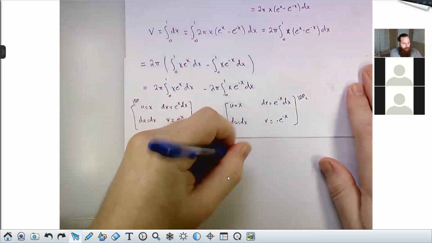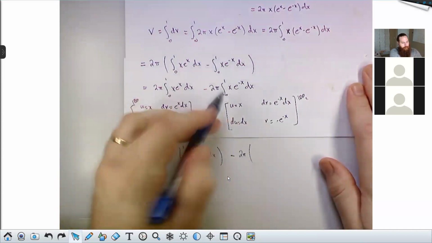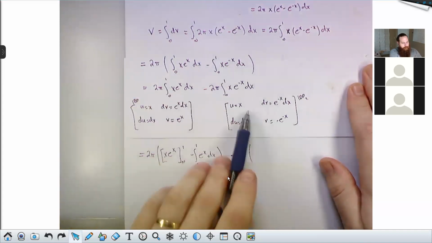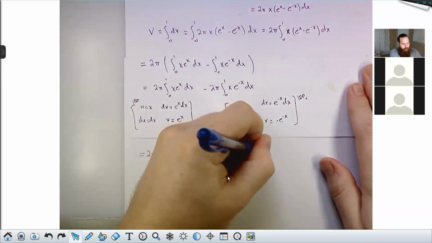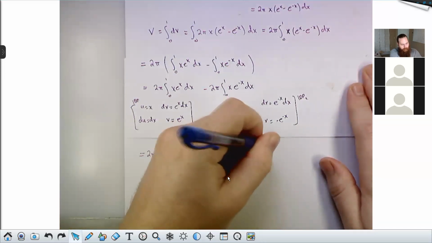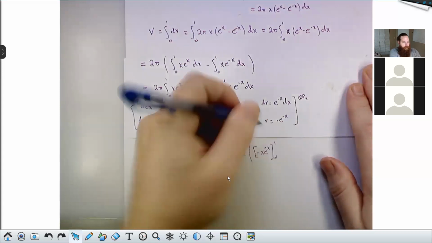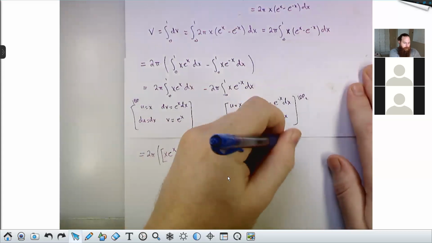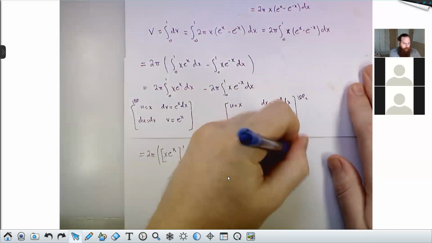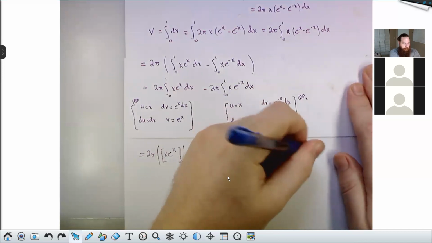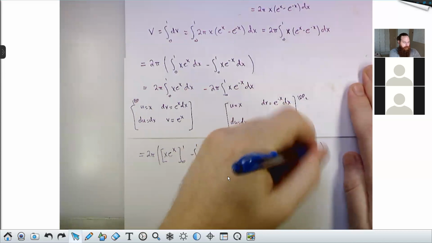And then minus 2 pi times, now I replace this guy by his IVP equivalent, which is negative x e to the negative x, sorry, evaluated from 0 to 1 minus the integral from 0 to 1 of negative e to the negative x dx, like so.